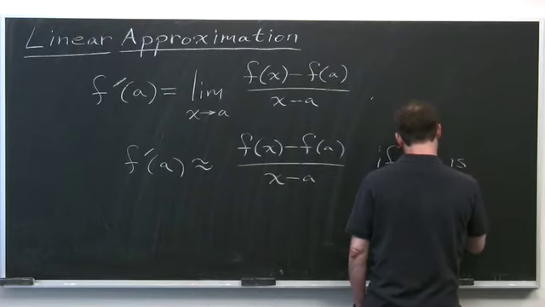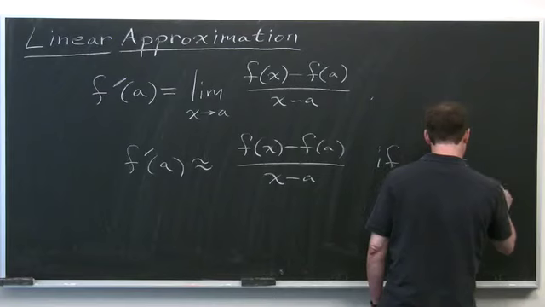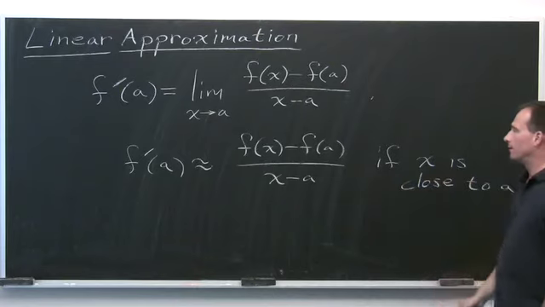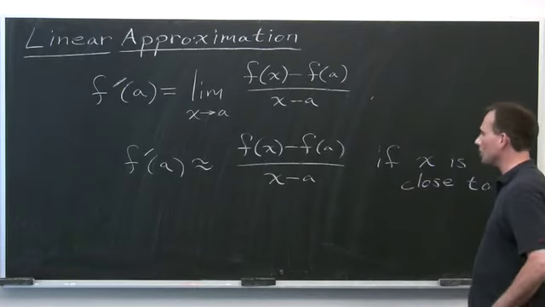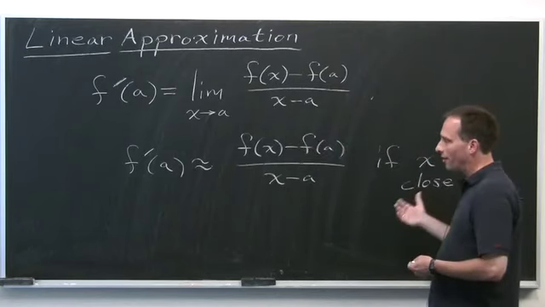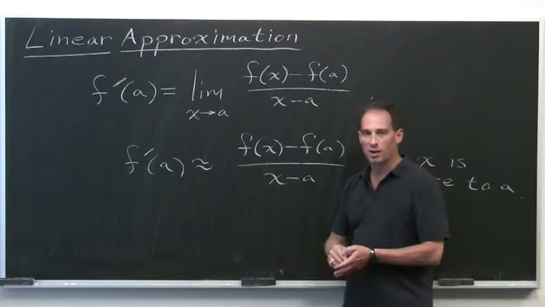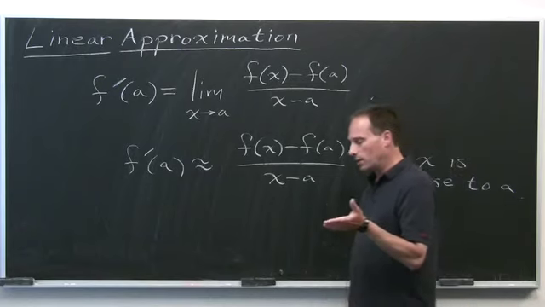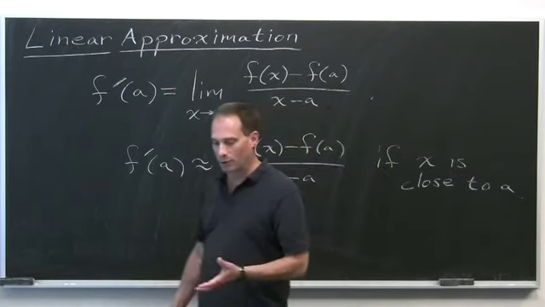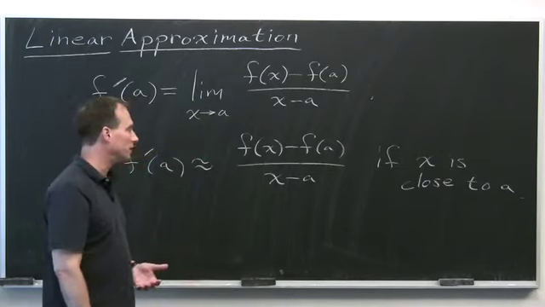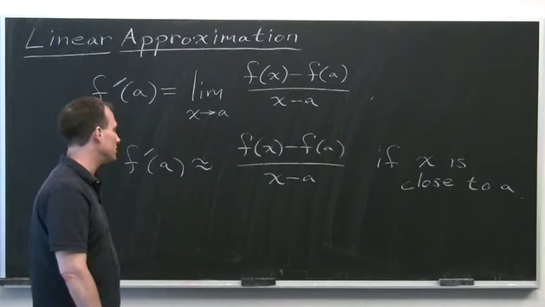Now, of course, this doesn't mean anything rigorously mathematical, that this should be approximately this if x is close to a. It's part of the point of limit that it makes precise what you mean by close enough and how good you want this approximation to be. You take the limit and it's an equality. But we do have kind of an intuitive notion in various circumstances of what approximately equal to means and what close to a means.